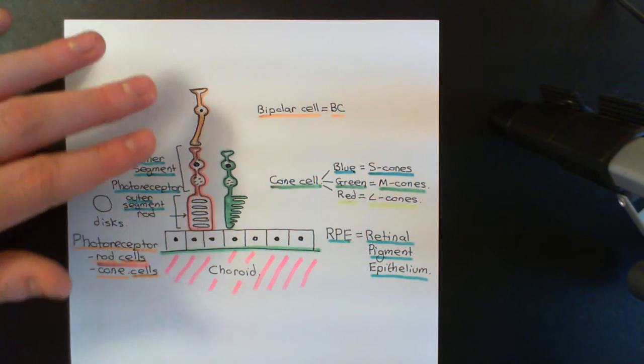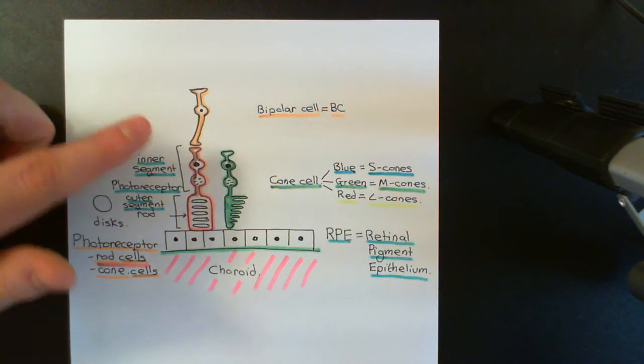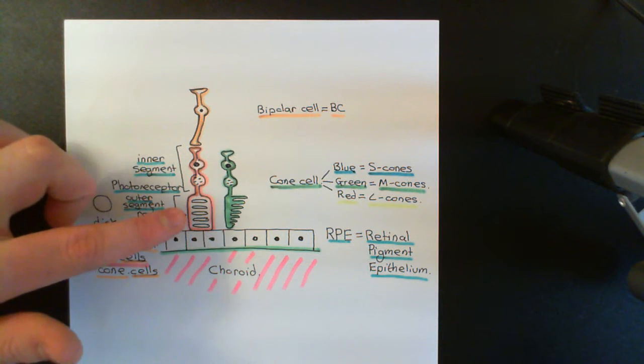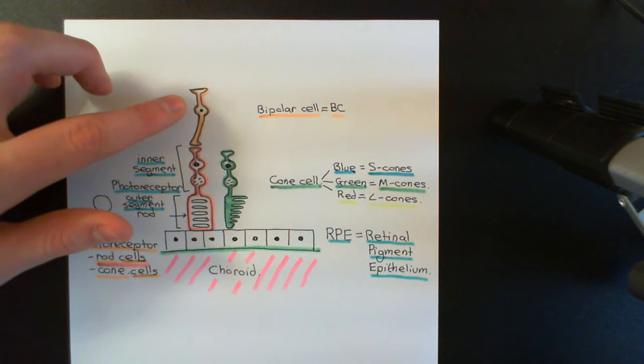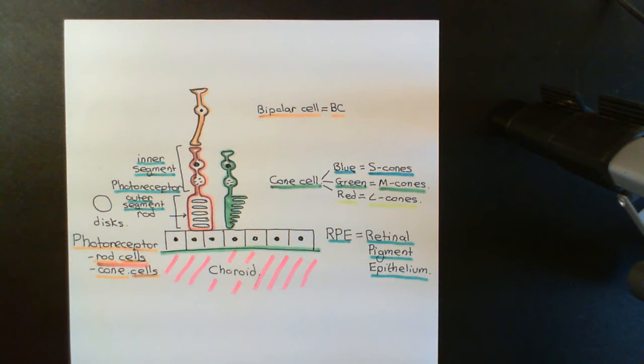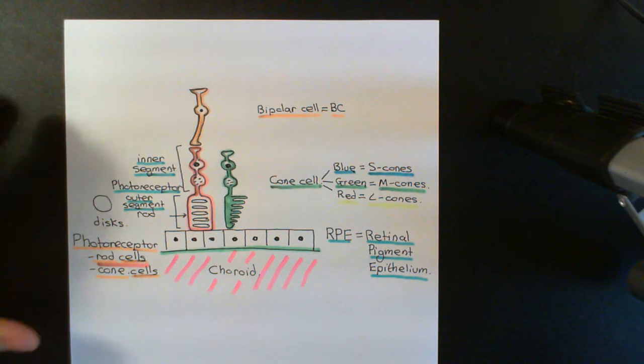And its job is to transmit the electrical signal that the photoreceptor has created in response to light onwards. So this will transmit the electrical signal to the bipolar cell, and the bipolar cell will transmit it to the next cell along, which is going to be the ganglion cell. And we'll talk in a lot more detail later on about the nature of these electrical signals.